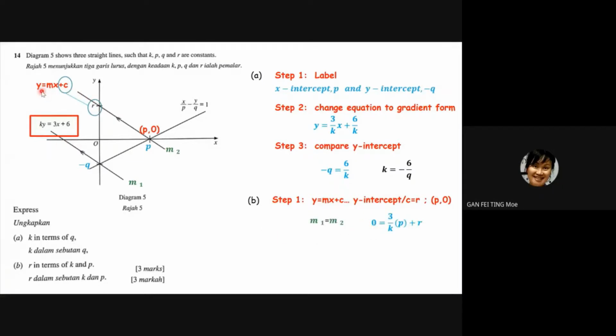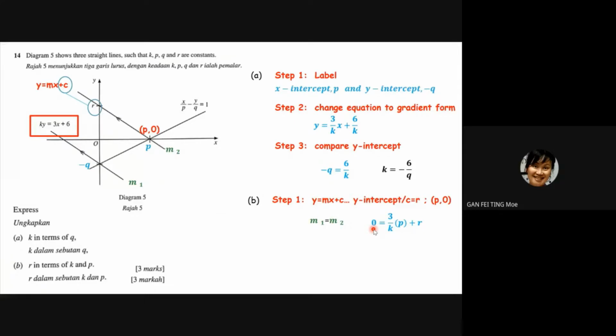So this equation, I'll get this. When I have y equals to 3 over kx plus r, the y is 0 and the x is p. So from here, I can see my k, my p, and my r. So rearrange this one. Tell me what's the answer. I want to see whether you get it right or wrong. This involves linear equation.